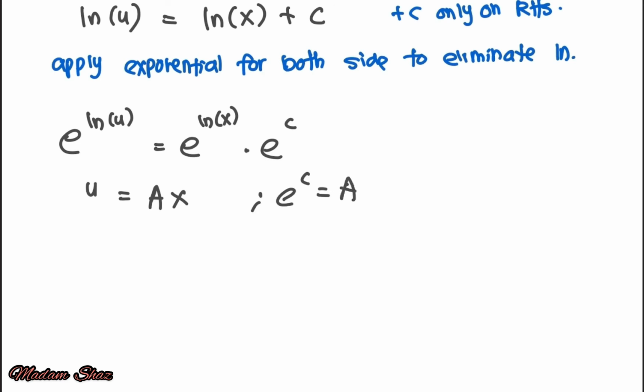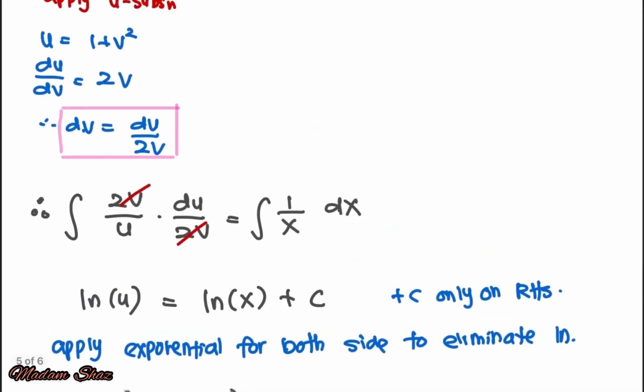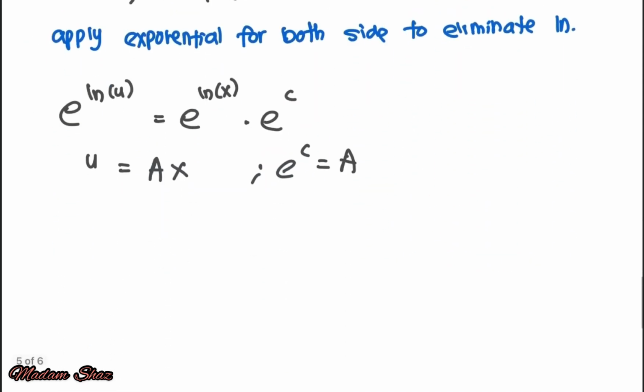So don't forget to substitute back your u here. u is equal to 1 plus v square. 1 plus v square is equal to ax.